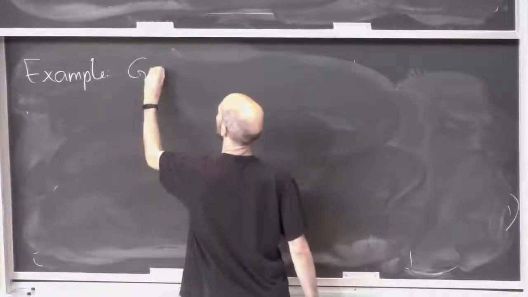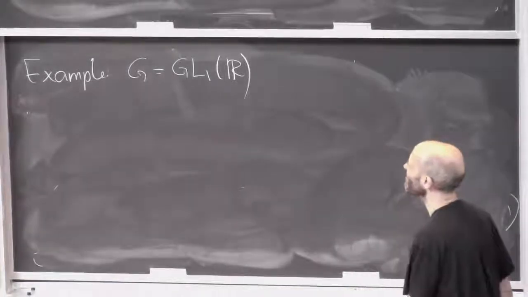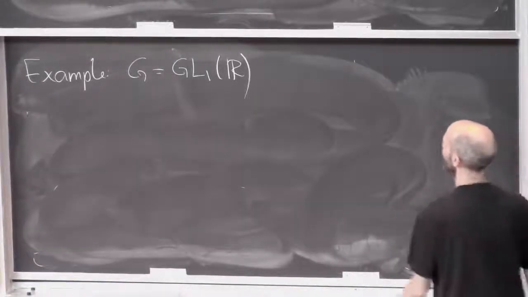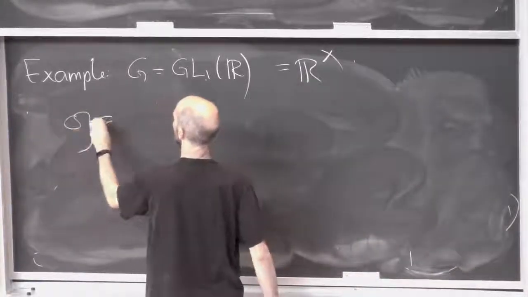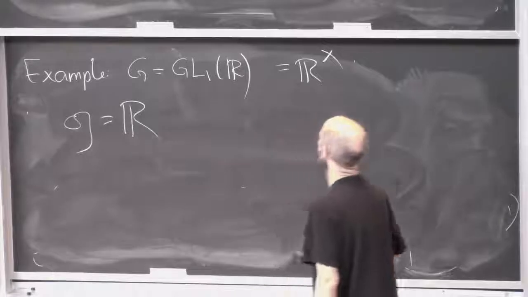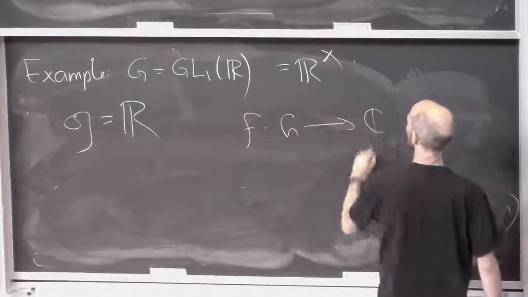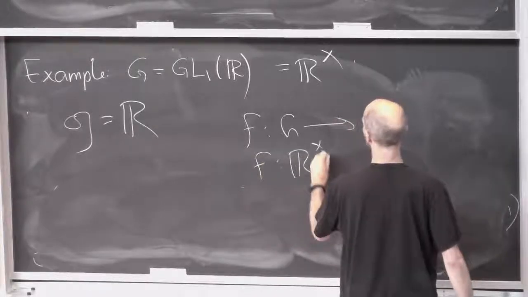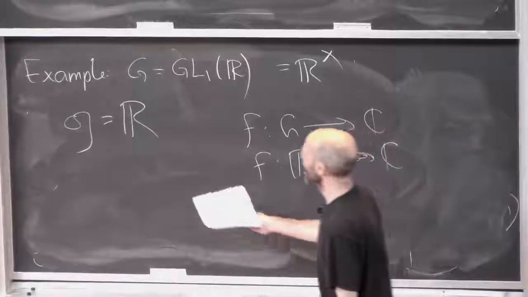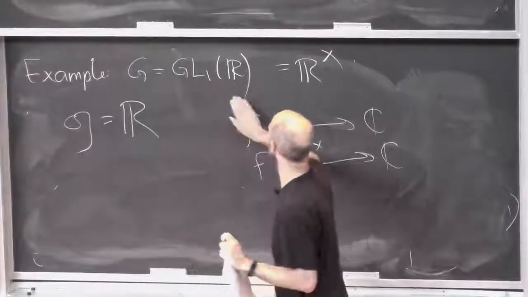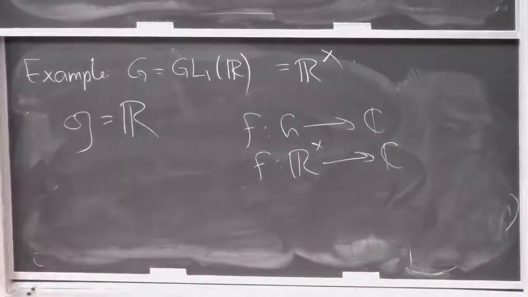Let G be GL1 of the reals. That's R star. And then the Lie algebra will be the reals. And now let's say I've got a function on the reals, f from G to C, so f from R star to C. The Lie algebra of R star is R, and the exponential map is just the normal exponential map.